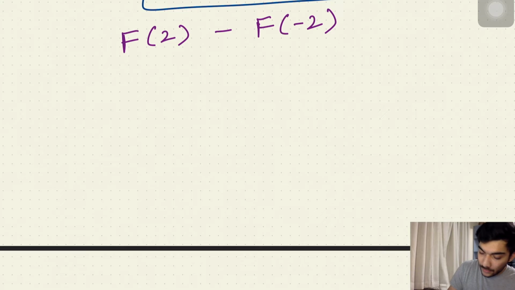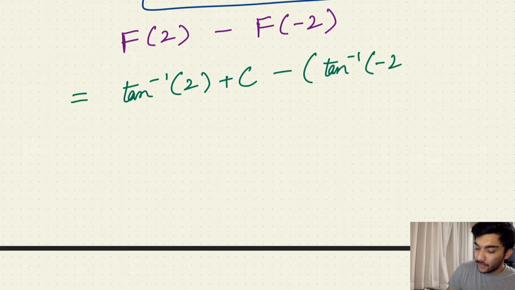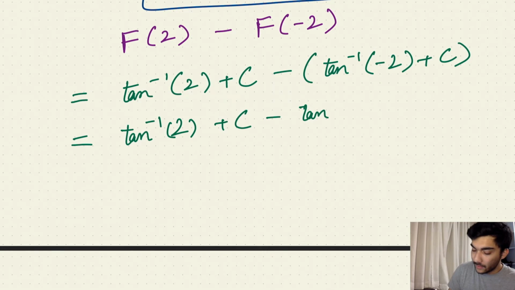Now if we do this, you'll notice that this is tan inverse 2 plus c minus tan inverse minus 2 plus c, right? Now let's subtract this out. Tan inverse 2 plus c minus tan inverse minus 2 minus c.